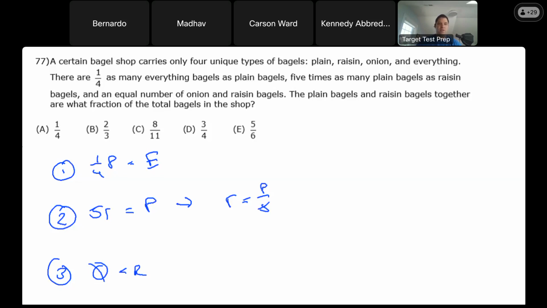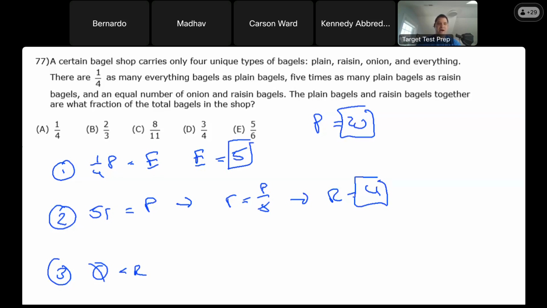So what we can do, as somebody said, you can just make P 20. When you do that, you're doing 1/4 P to get everything, so everything ends up being 5. Raisin ends up being 4. And onion, of course, is equal to 4 as well, because onion equals raisin.